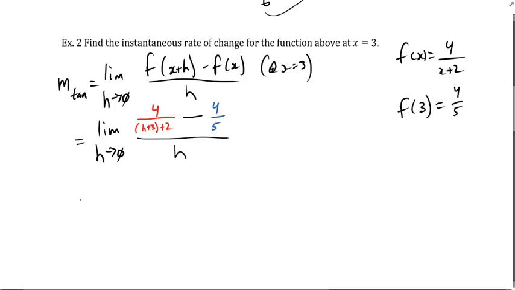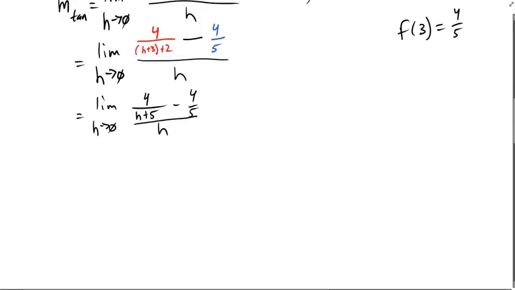All right, let's do some work. So I'm going to need to do some common denominator stuff here. I'm going to simplify first, so I'll do it step by step. h plus 5 minus 4 over 5, all over h.